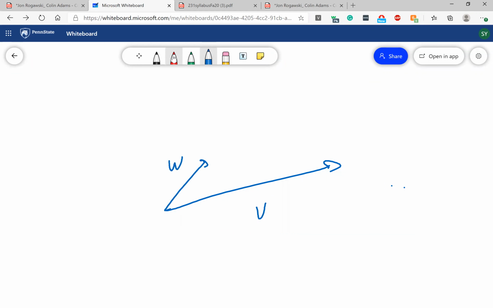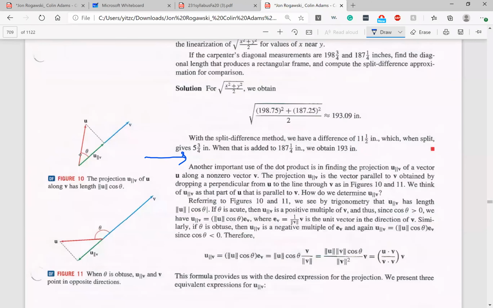And we want to project w, let's say, onto v, to get another vector that goes in the direction of v, but has the magnitude of this vector over here, which is the projection of w onto v. And we're going to call this the angle between them. Okay, so yeah, that's this picture over here.